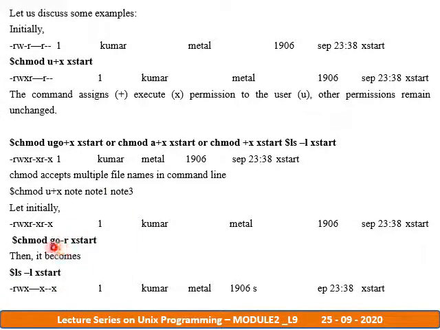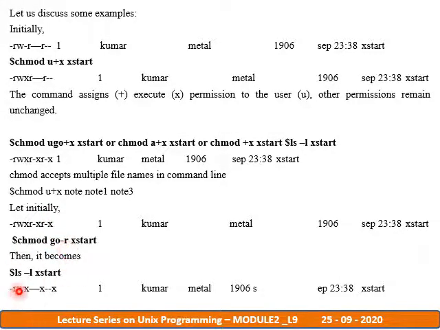Next, another example: go minus r. Go minus r means group and others will have the read permission removed. Take this example. Whatever has been assigned, the execute permission and read permission are there. If you want to remove the read permission for the group and others, for that I have to use go, minus and r.